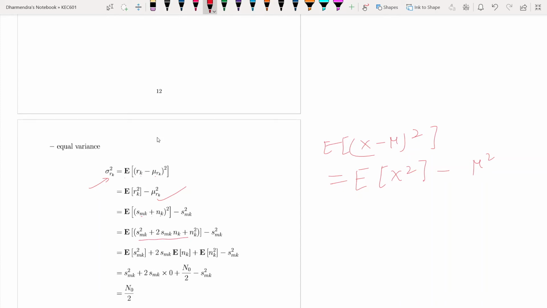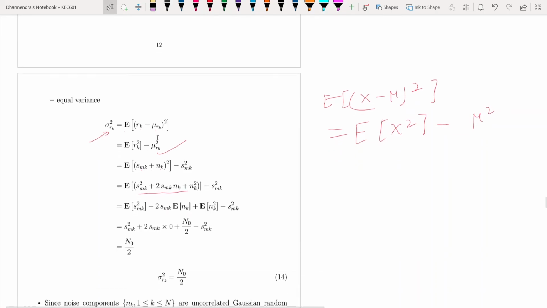Take the expectation inside the operator, mu rk squared will be smk squared. The expectation of the square of smk, being deterministic, is just the square of smk, and the cross term with 2 is taken outside because it is deterministic. The expectation of nk is 0. I substitute the expectation of nk squared, which is the variance N naught by 2. After simplification, these cancel out, this will be 0, and now you will get N naught by 2.